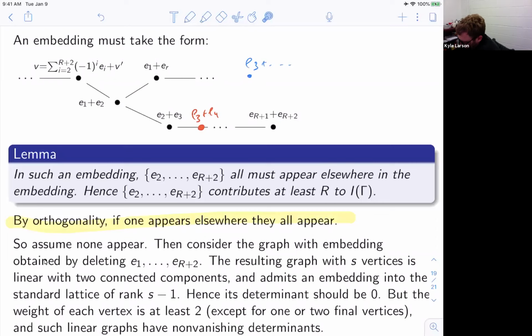By assumption, this vertex is orthogonal to both of these, and so we have to have minus E4, and then we also have to have minus E2. But then if we have E4, we have to be orthogonal to the next element, which has E5, right?